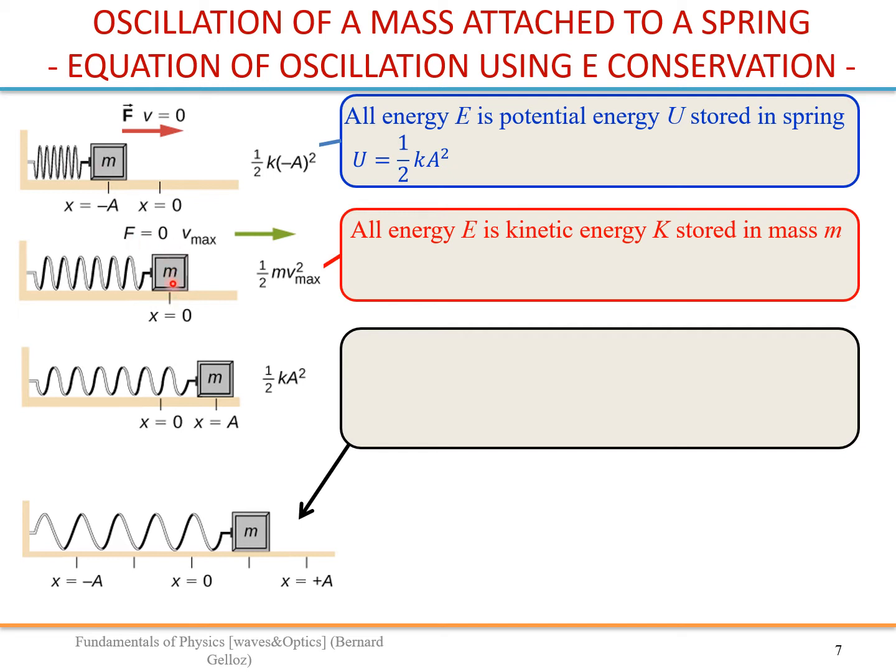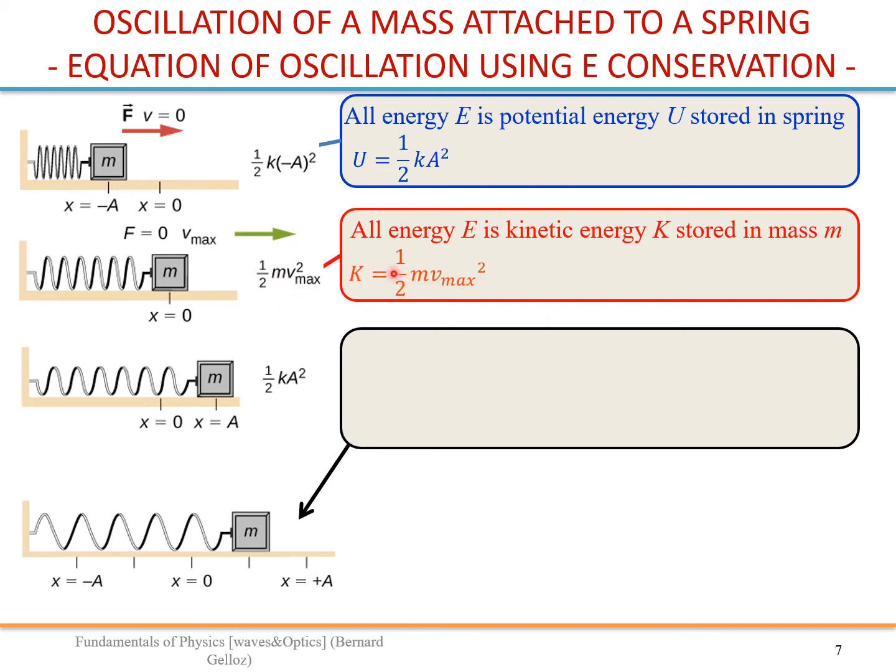When the mass is back at the equilibrium position, we do not have any potential energy because x equals 0, delta x equals 0, but we have a large speed, therefore we have some kinetic energy expressed as half of mv squared.